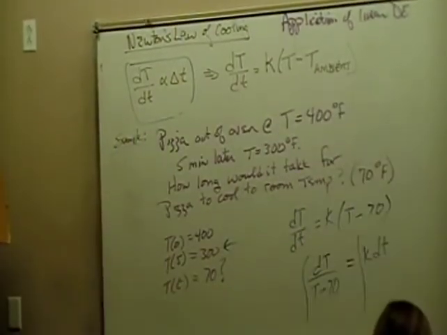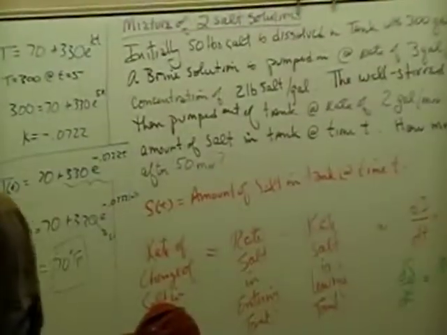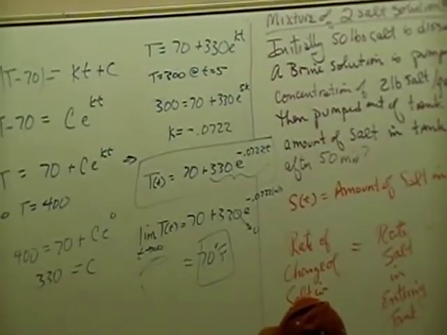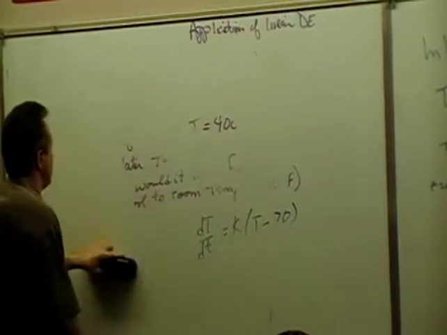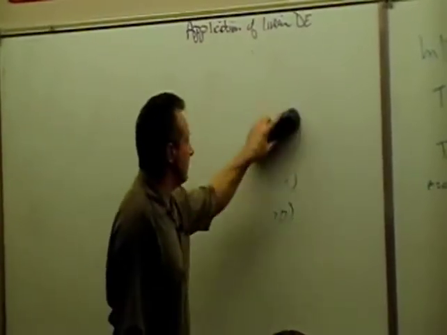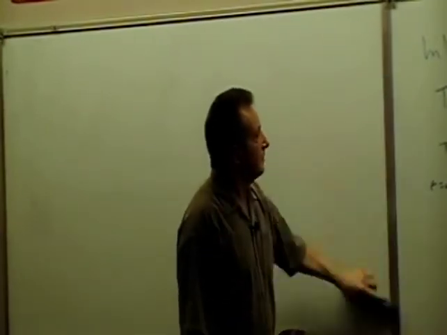Let's look at our next example. Next example of a linear differential equation: modeling something that gives me a linear differential equation and then solving it. The second case is the mixture of two salt solutions. Let's say I have a tank, and I'll draw a picture over here.